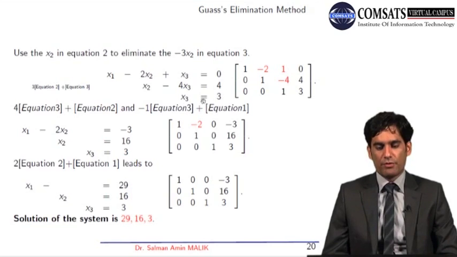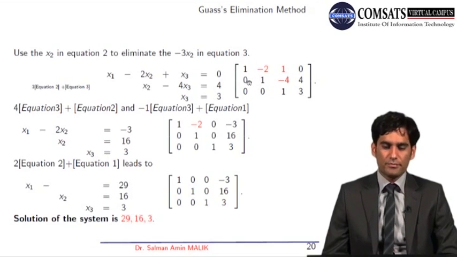Our equation 3 will become this one, and we do the same thing with our augmented matrix: we multiply row 2 by 3 and add to the third row, and the augmented matrix will become this one. This is a particular type of matrix in which all the entries below the diagonal are 0, and we call such a matrix a triangular matrix.